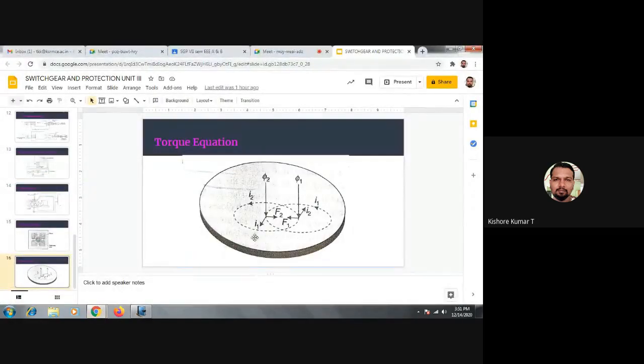See here, in this diagram, flux phi2 develops force F2, and flux phi1 develops force F1.